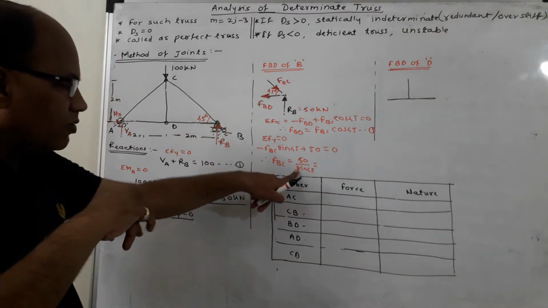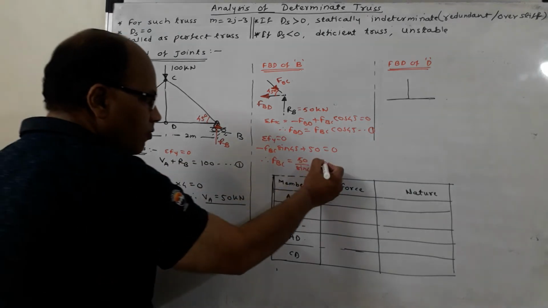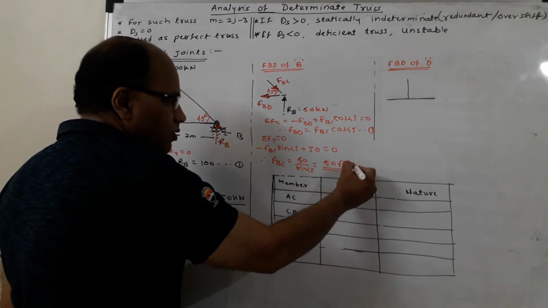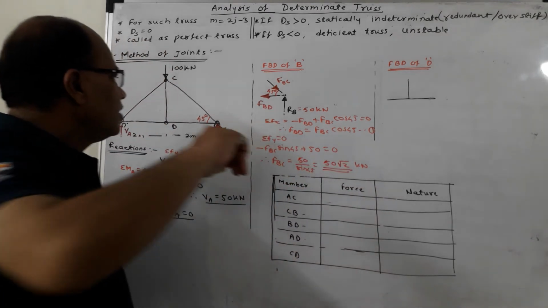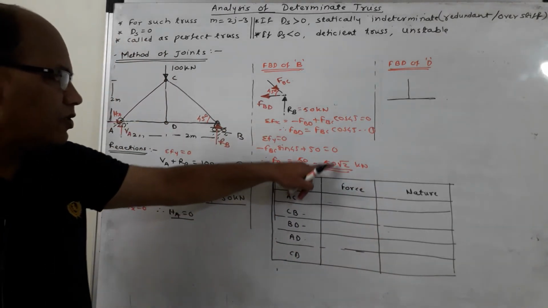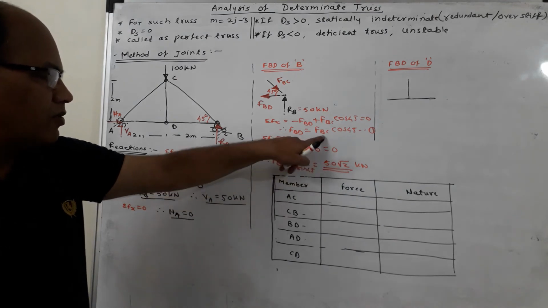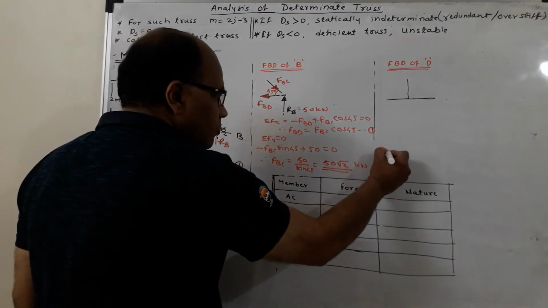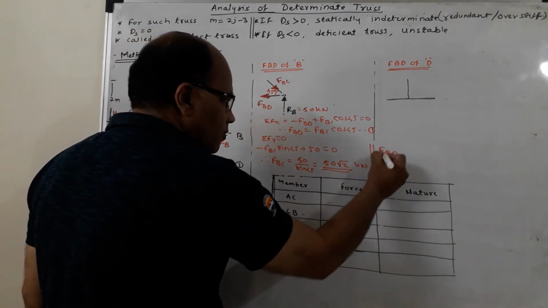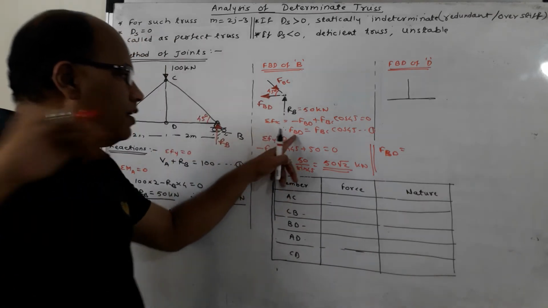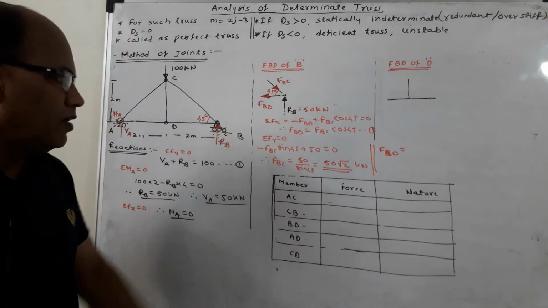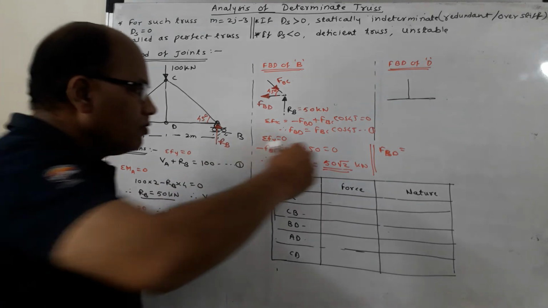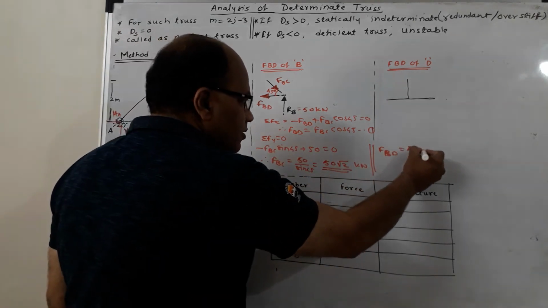So if I substitute it, the final value will become 50 root 2. 50 root 2 kilonewtons is the force in BC, and if I substitute it in equation 1, FBD will be equal to FBC cos of 45. FBC is 50 root 2, cos of 45 is again 1 upon root 2. So FBD will be 50 kilonewton.